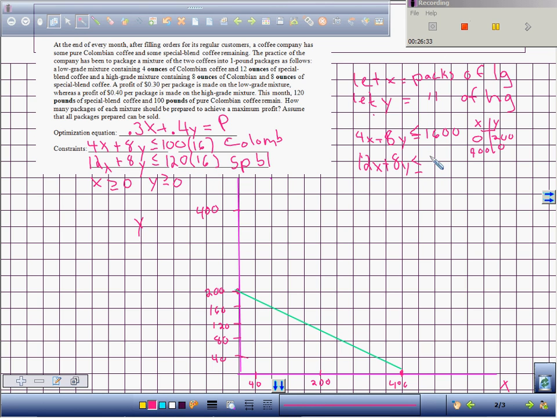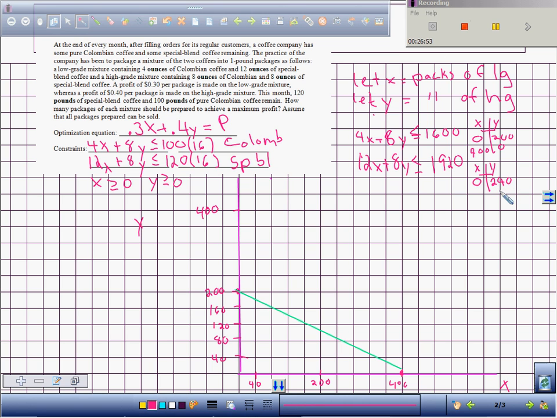I think that's 1920. Did someone do that real quick? Is it 1920? 1920. And then I'm going to make a little xy table, okay? When x is 0, could someone divide 1920 by 8 for me? Quick. 240.